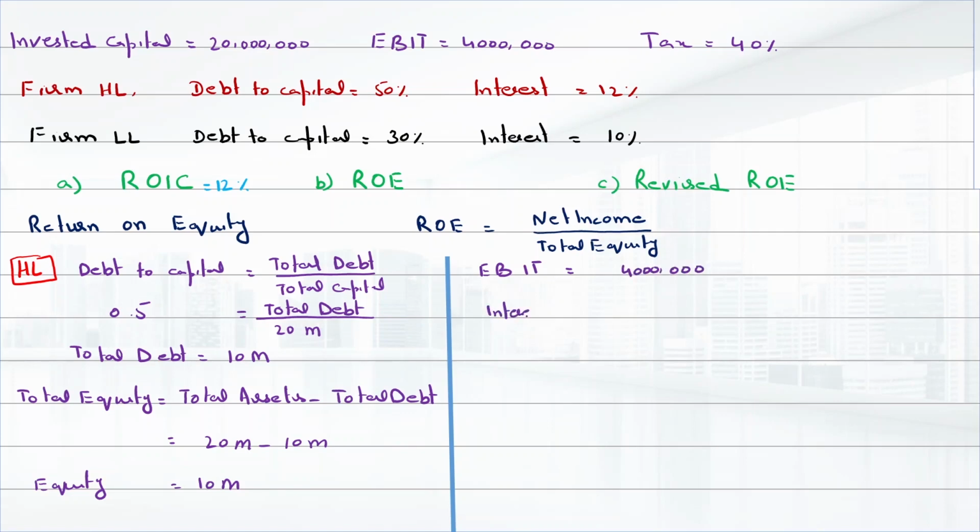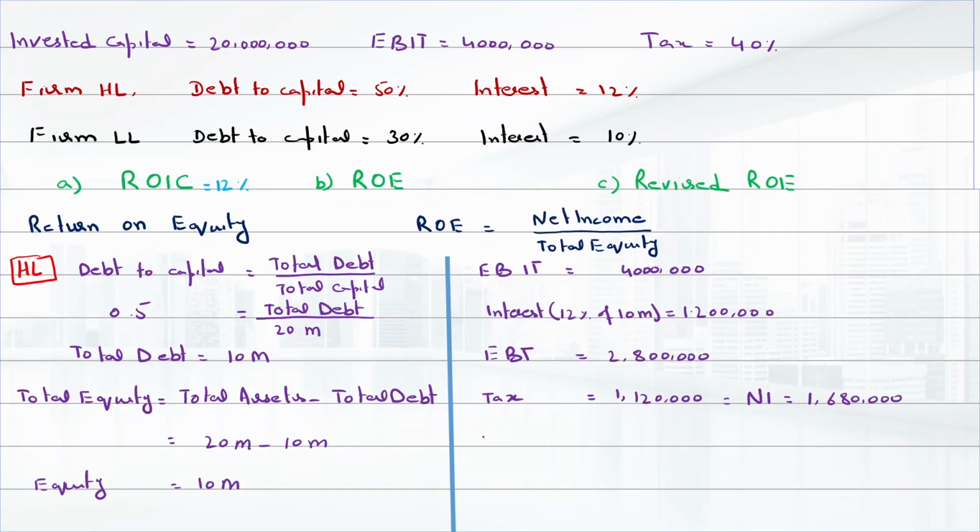Interest is 12% of 10 million, that is 1.2 million interest expense, and EBT will be EBIT minus interest, that will be equal to 2.8 million, and the tax rate is 40% of EBT, so the tax amount will be 1.12 million, and the net income will be 1.68 million.